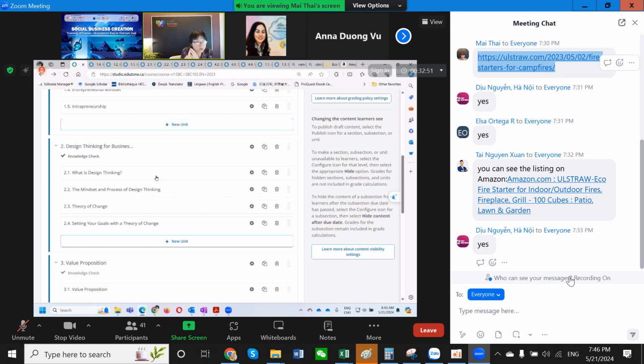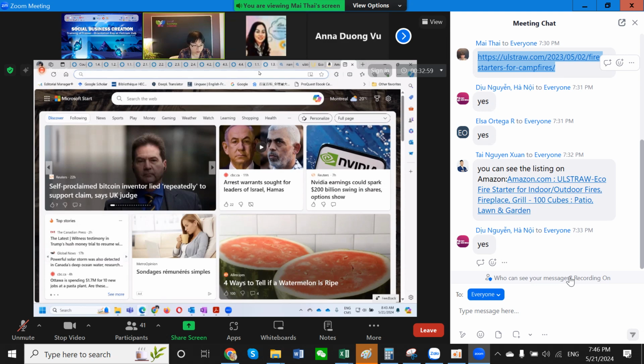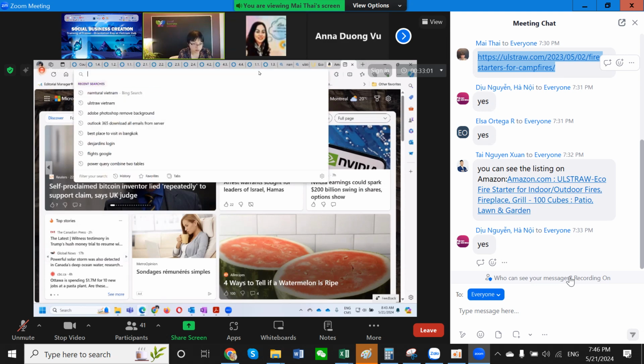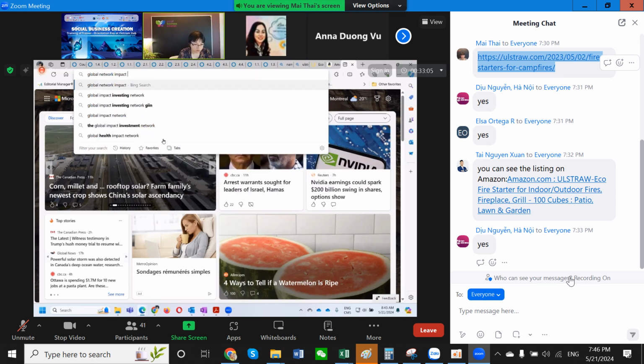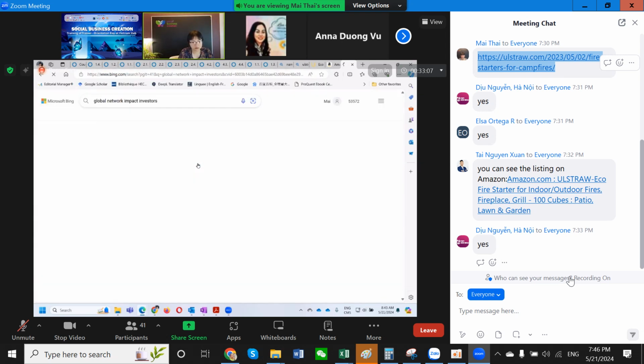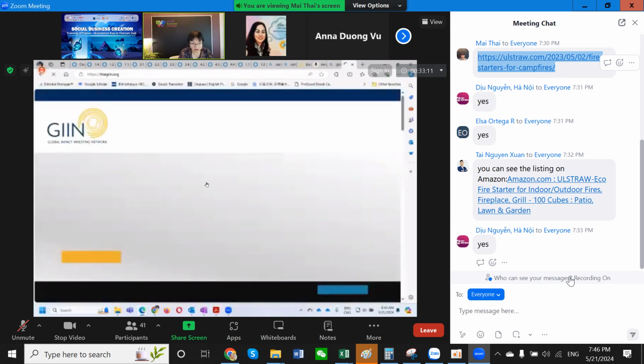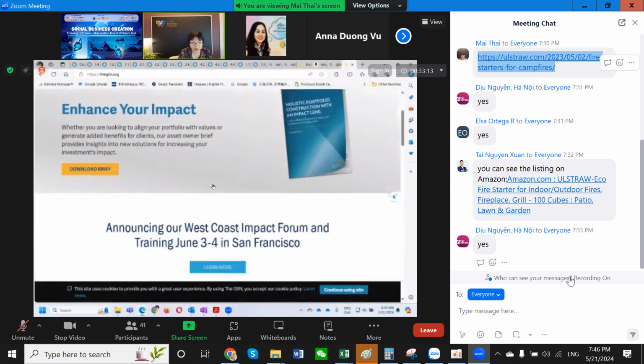But if you go for impact investors, and I was here, so there is a network for impact investor. So here, if you go to this site, you'll be able to find a lot of impact investors.